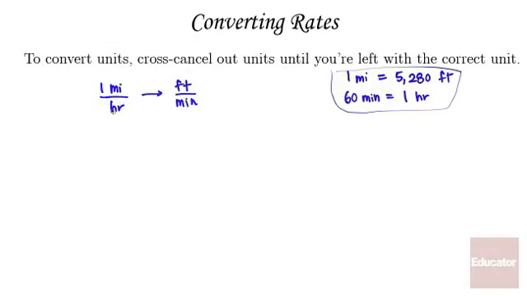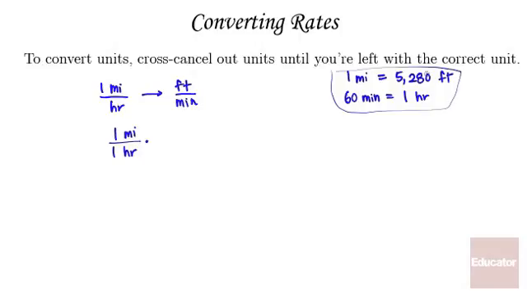So first thing I do, I'm going to start here, and I'm going to end here. So I'm going to change all these into these. I'm going to start from 1 mile per 1 hour. Now, I'm going to multiply it by different units because I can cross-cancel things out.